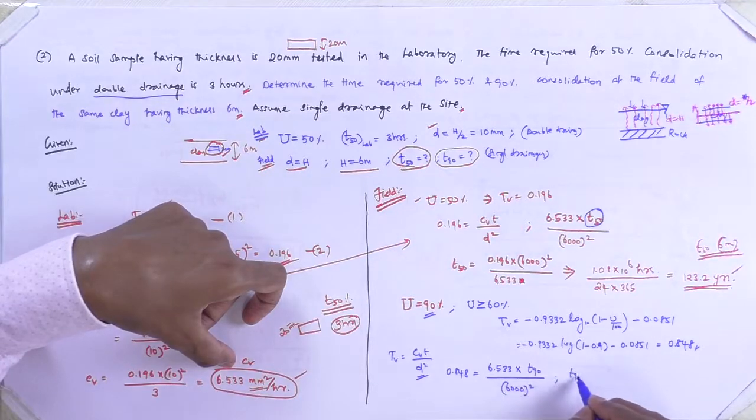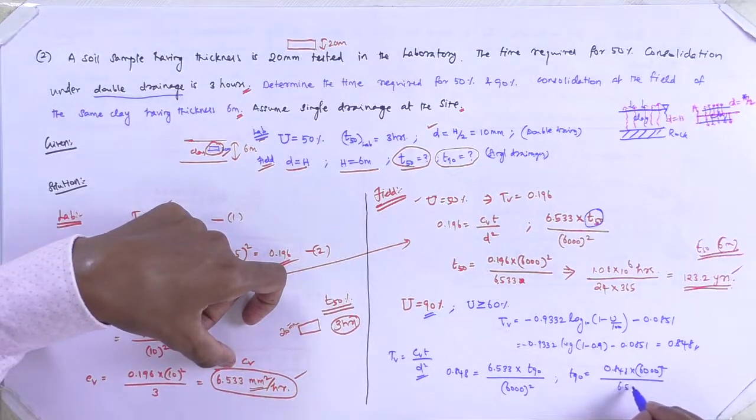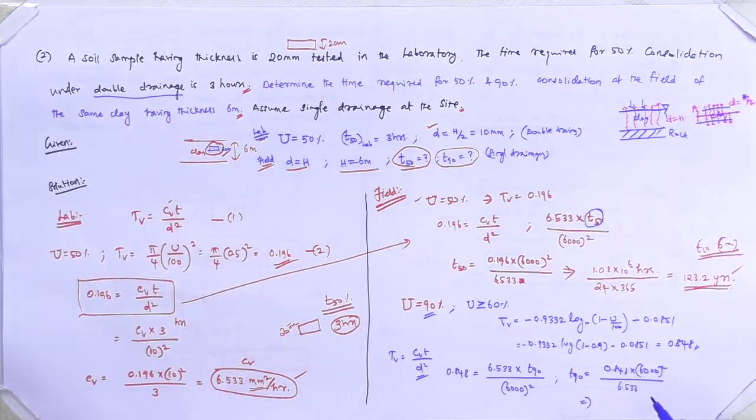So T90 is 0.848 into 6000 square divided by 6.533, and we get 4.67 into 10 to the power 6 hours.